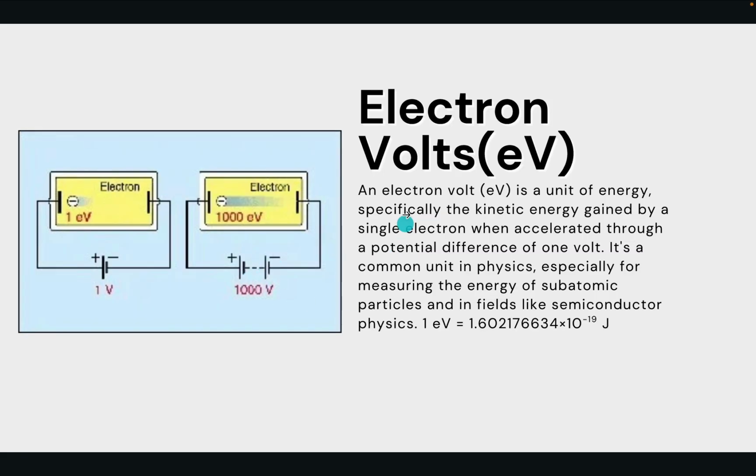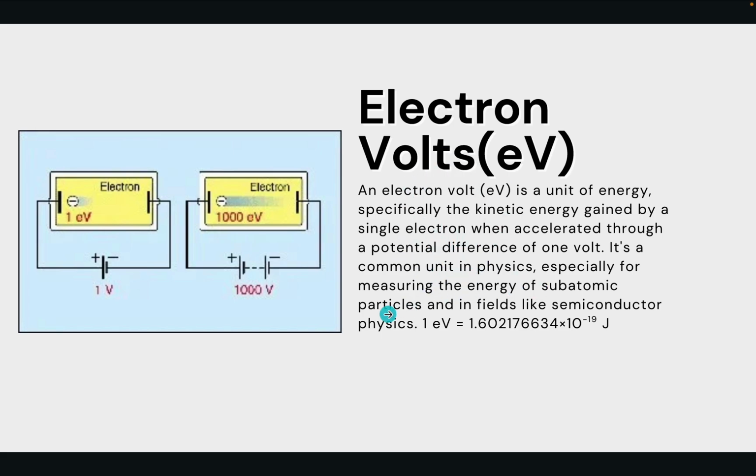So when we talk about the energy release during radioactive decay, we often use the unit of electron volts, which is eV. An electron volt is a very small unit of energy used in atomic and nuclear physics. It is defined as the amount of energy gained or lost by a single electron when it moves through an electric potential difference of 1 volt.